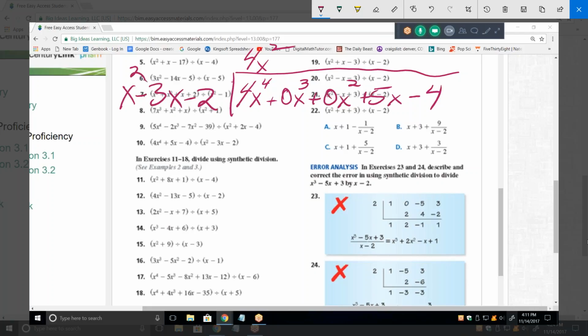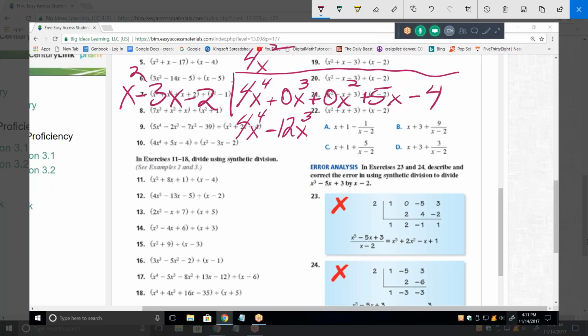So multiply that. So that's 4x to the fourth minus 12x to the third minus 8x squared.